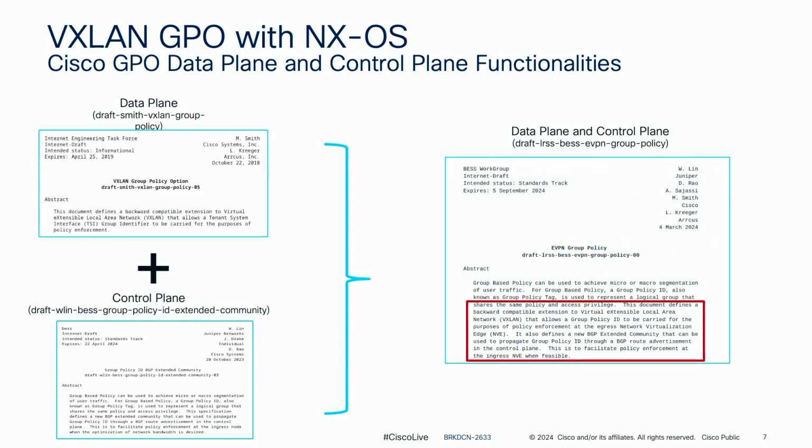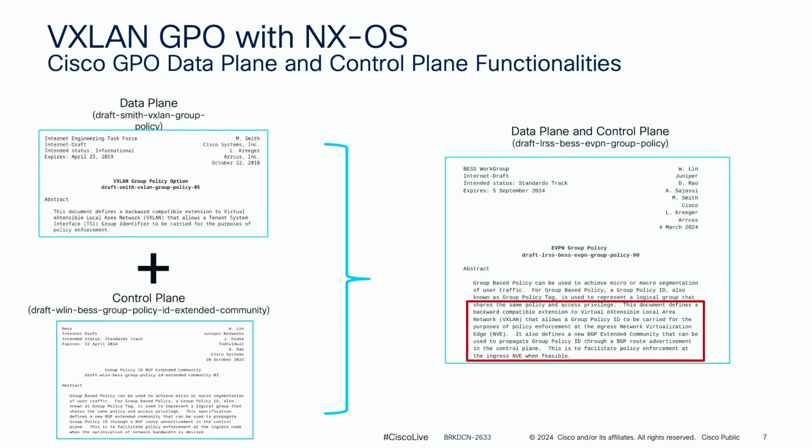But we added a control plane aspect that distributes not only reachability information, which EVPN does by design, but also secure group information. So I classify you as part of group 1. When you are discovered connected to a leaf, EVPN communicates not only where you are, your MAC and your IP, but also which group you belong to.